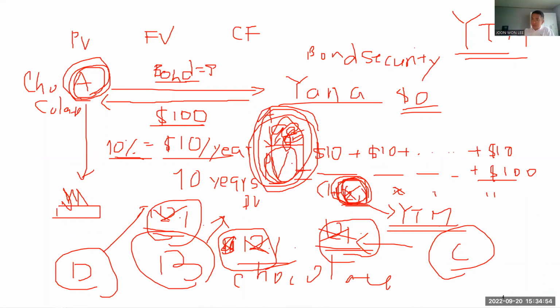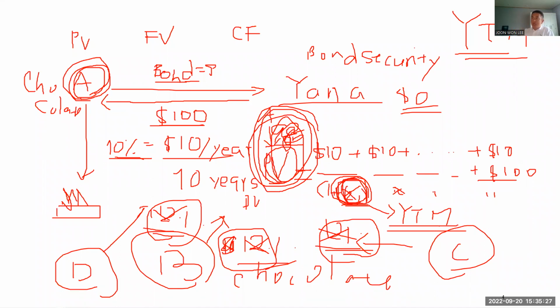The market price is supposed to reflect the market interest rate in the value, right? But we don't know what the market interest rate is. We only know the market price of the bond, right? So one is missing. What's missing is the market interest rate.